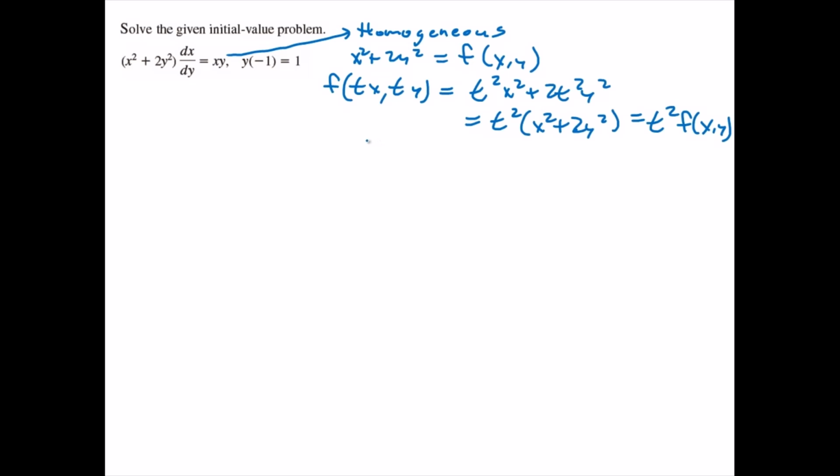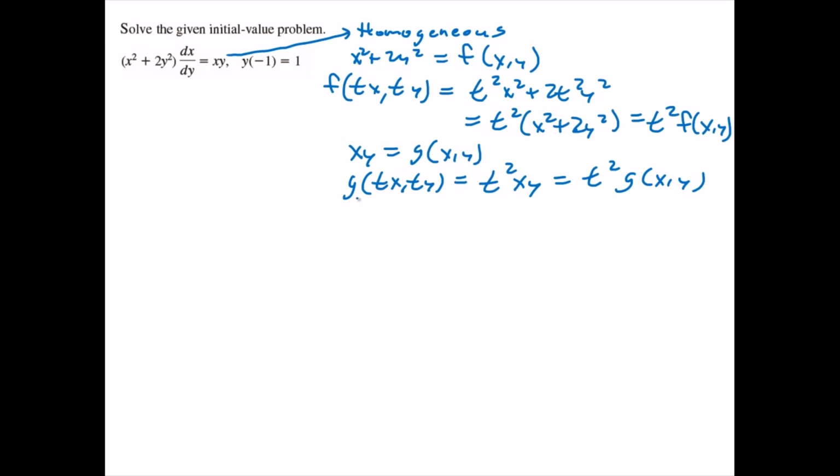So that function is homogeneous. And the function on the other side, the xy, we could call that some function g of x and y. And g of tx comma ty, that will wind up being t squared times xy, which is the same as t squared times g of x comma y.